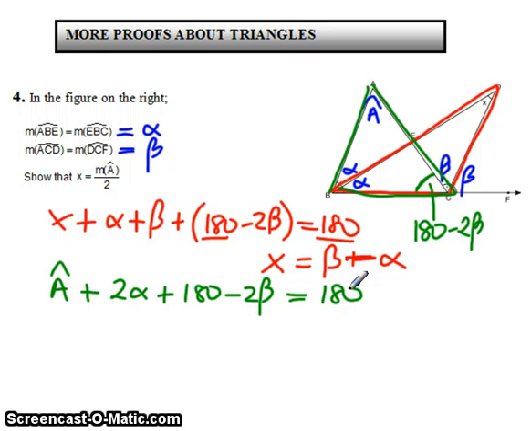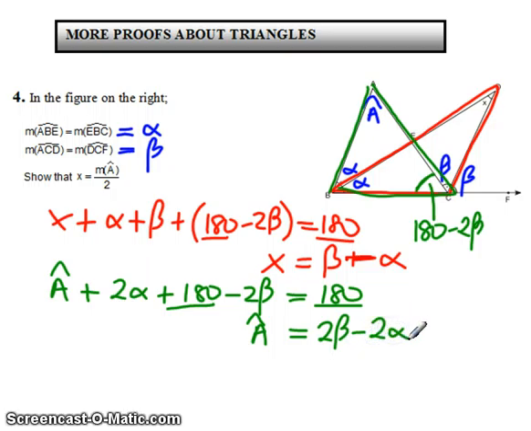So the 180s on both sides cancel, and we have angle A equal to 2 beta minus 2 alpha. Well done.